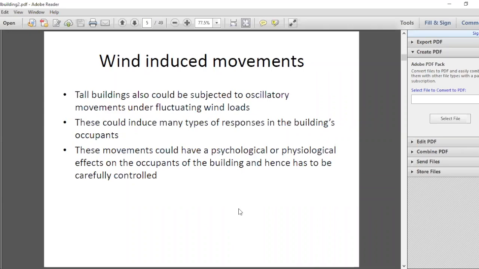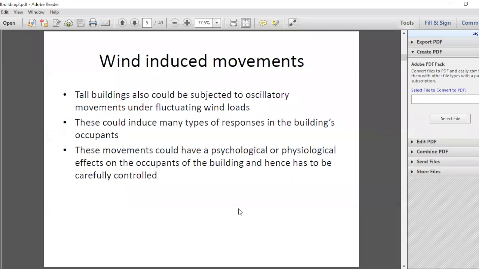Vortex shedding. So vortex is a negative pressure zone. And what happens is when the negative pressure zone occurs, the building is attracted towards that side. But at the same time, these vortices pass the building. And then the vortices will start forming on the other side of the building.